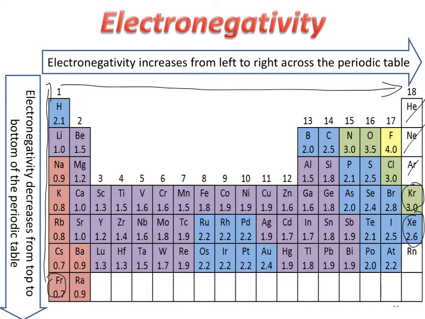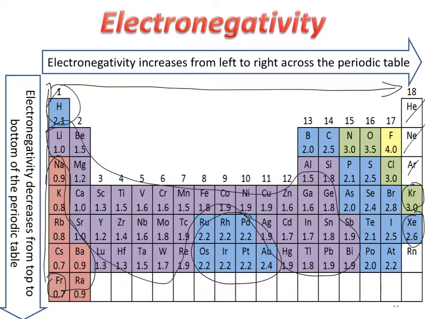Note here that at the very low end are the alkali and the alkaline earth metals. In the intermediate zone here, most of the transition metals are in the intermediate area between 1 and 2 on the electronegativity scale. There are a few of the transition metals that are a little above 2.